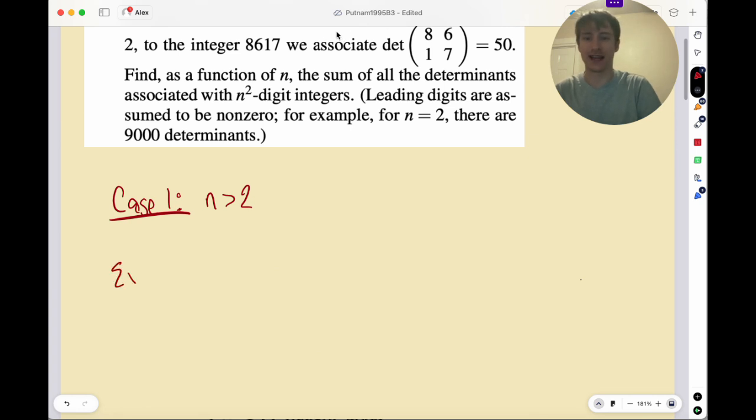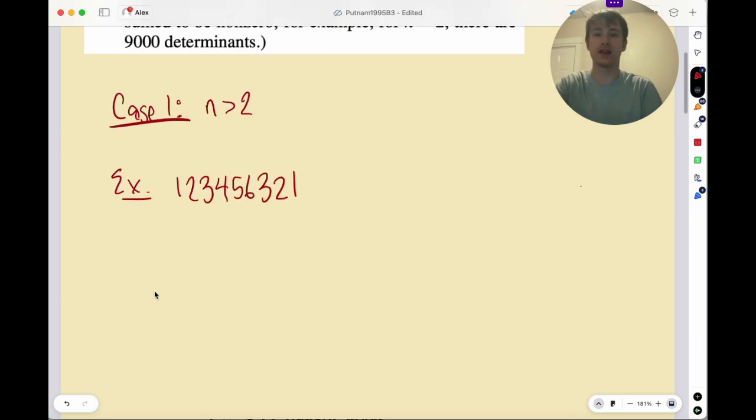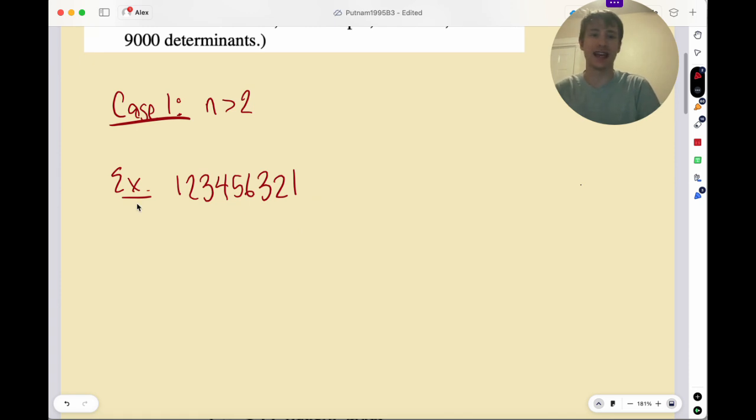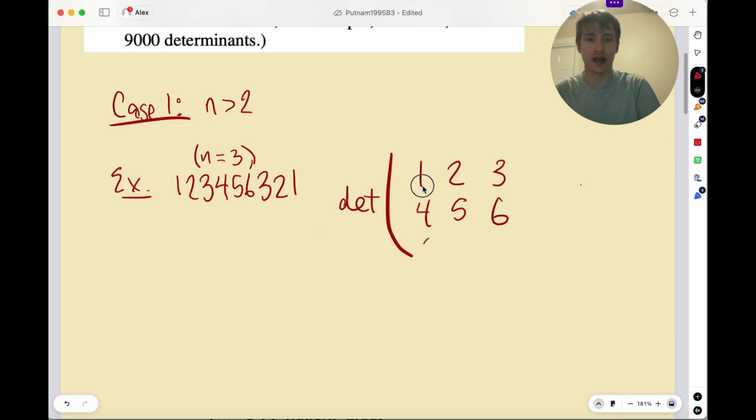For example, if I have the digits 1, 2, 3, 4, 5, 6, and perhaps 3, 2, 1, since in this case we have 9 digits, so n equals 3, that's going to be associated with the square matrix, and we have to find the determinant of the matrix 1, 2, 3, 4, 5, 6, and 3, 2, 1.